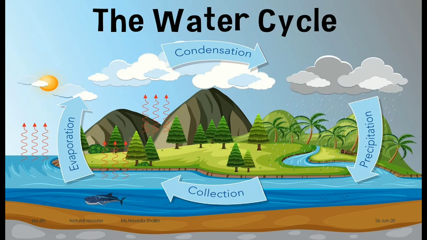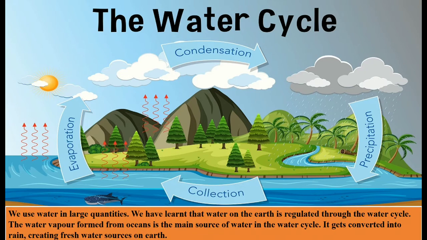So this is what the water cycle is. And we know that water is present in large quantity and we need to use it every day. So the water cycle helps us to regulate this water. The water vapor formed from the ocean is the main source of water in the water cycle. It gets converted into rain, creating fresh water sources on Earth.